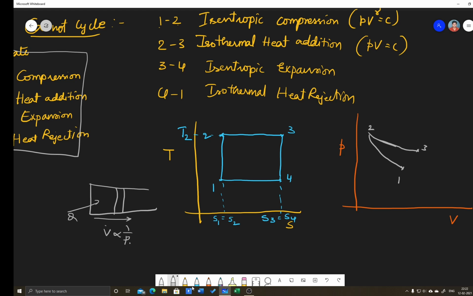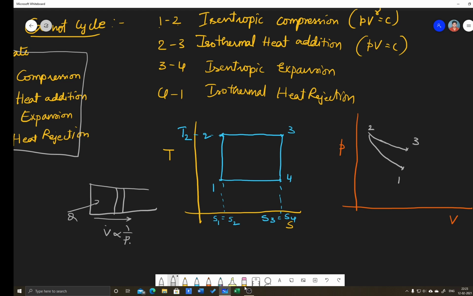This is the process which is called isothermal heat addition. Next is isentropic expansion.